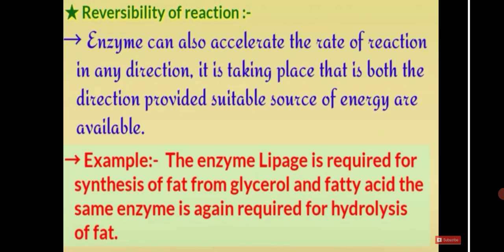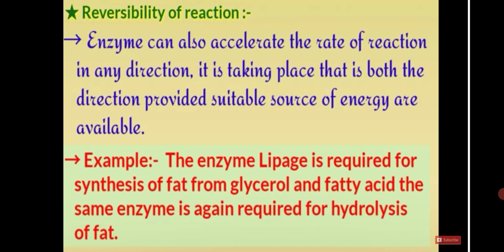Next we will discuss another property of the enzyme, which is called the reversibility of the reaction. Enzymes can also accelerate the rate of reaction in any direction. It takes place in both directions provided a suitable source of energy is available. For example, the enzyme lipase is required for the synthesis of fat from glycerol and fatty acids.